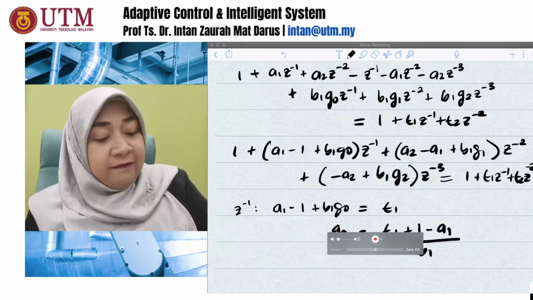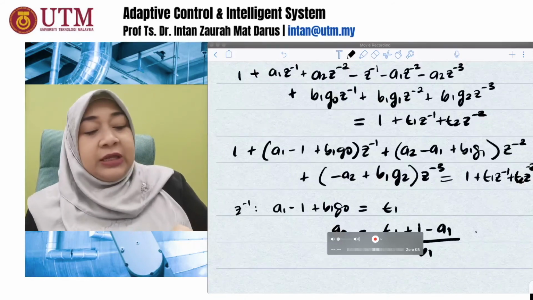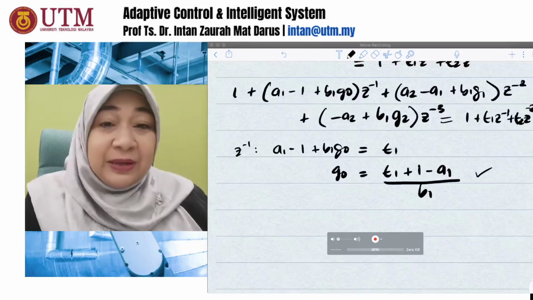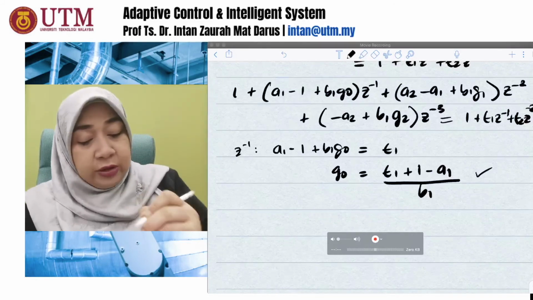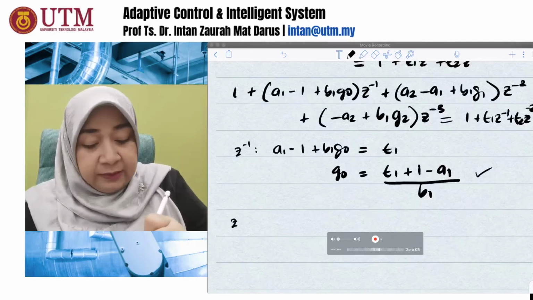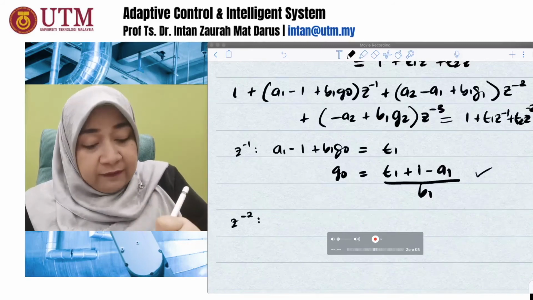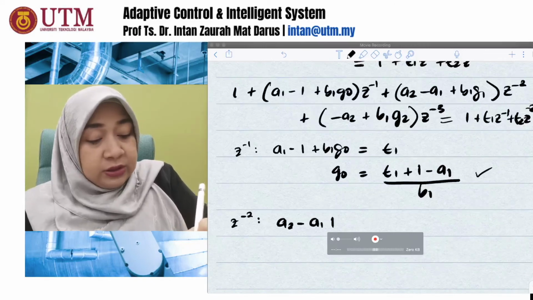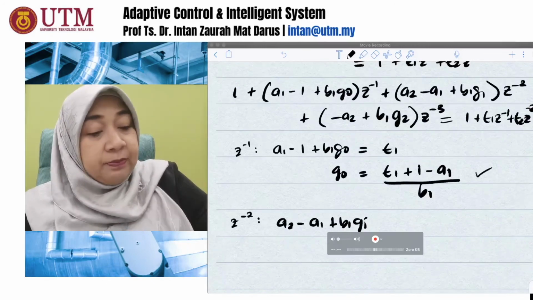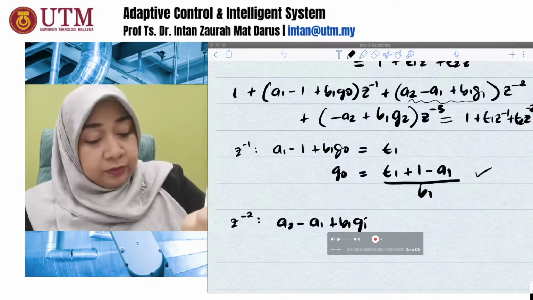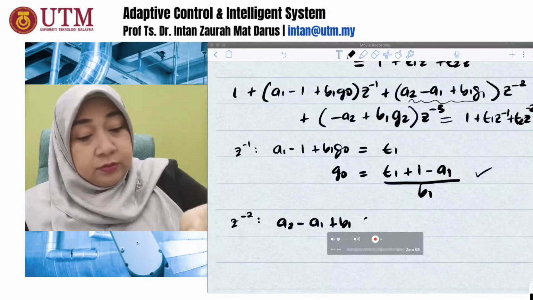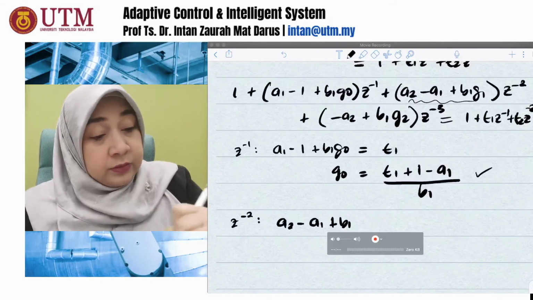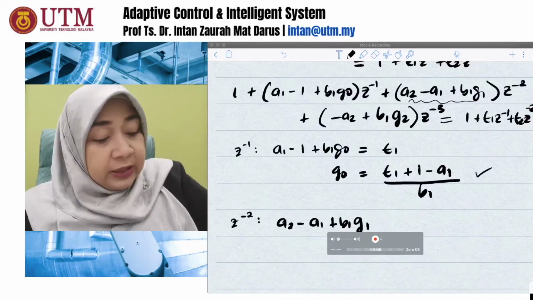So that's what you have for your g0 in terms of your stable poles and also in terms of the parameters of your system. Okay, so your controller. Then again we're going to do it for z^-2. For z^-2, I will have a2 minus a1 plus b1 g1, from this part here, and that equals my t2.